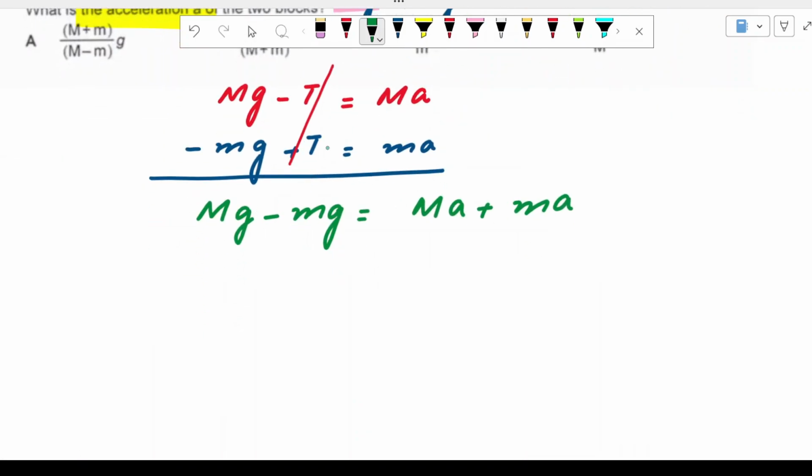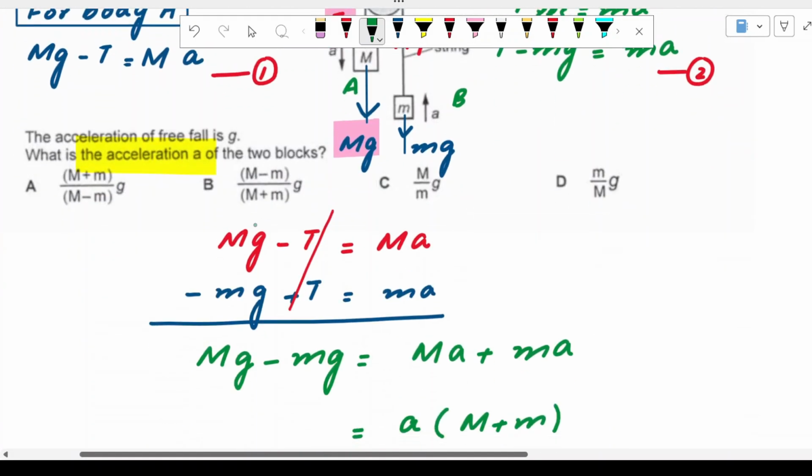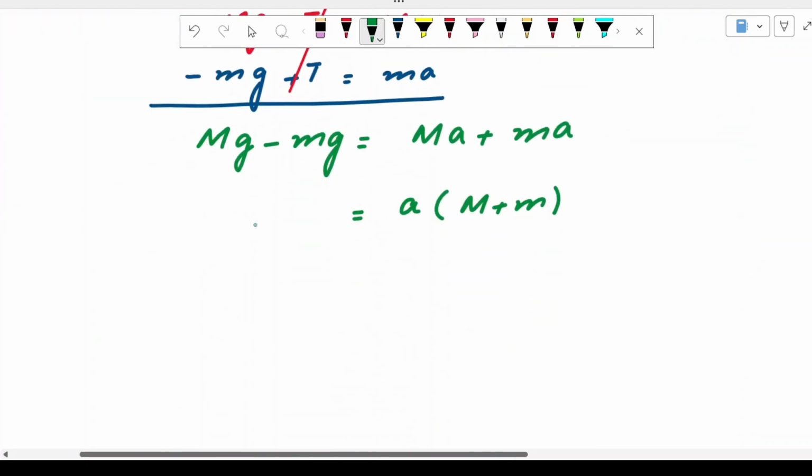Since you need to find the expression for A, I can take A common on the right side. So if I take A common on the right side, I'll be left with capital M plus small m. And on the left side, since they have taken g common in all the options, I can also take g common. So if I take g common on the left side, I'll be left with this thing.